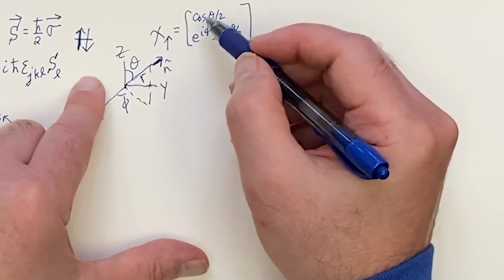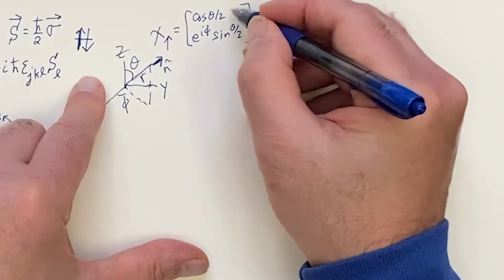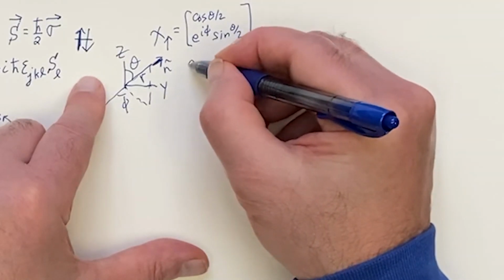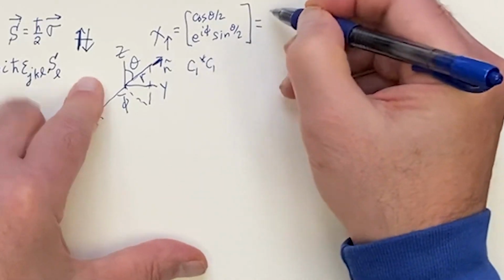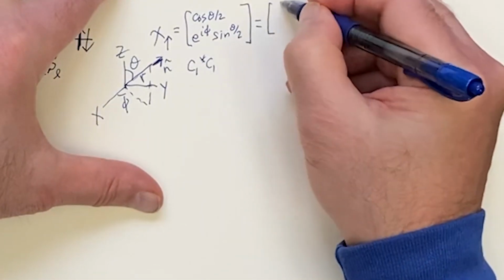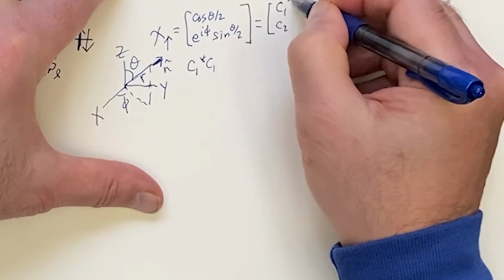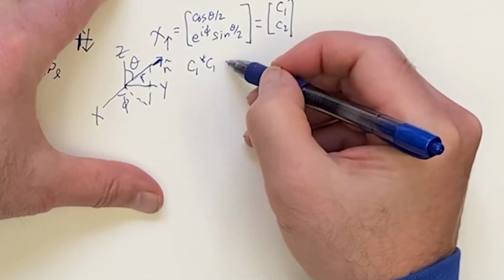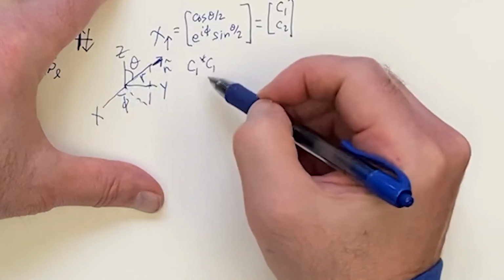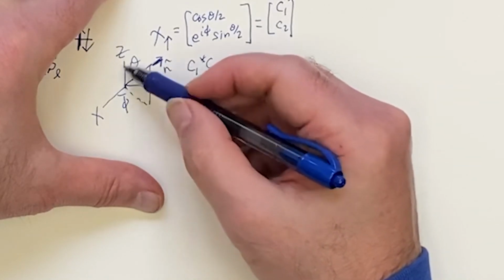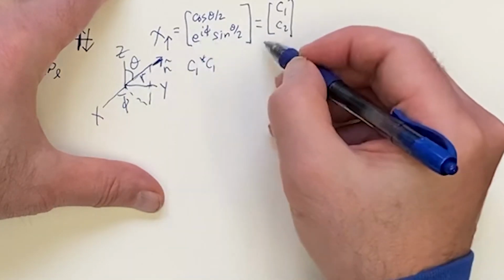If you go C1 star C1, so just think of this as in general, this is a C1, C2. So the C1 star C1 gives you the probability that you get an up if you were to measure along the Z.